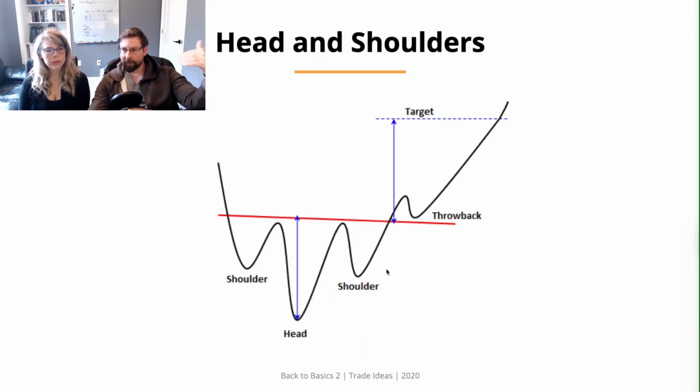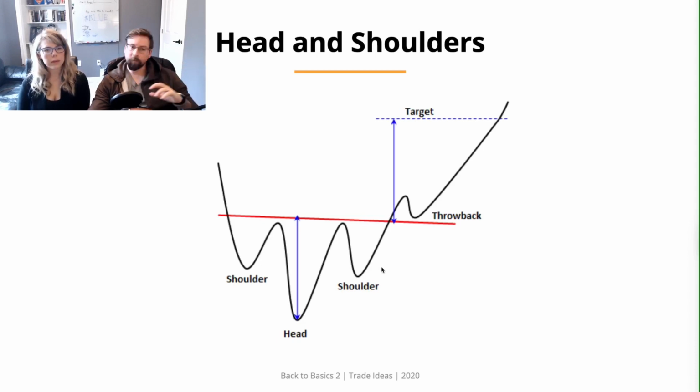This is showing that the buyers became more aggressive here. Every time there was a peak and a trough before, it went lower and lower. But this time, the buyers stepped in before the lows and then pushed it up. So it's showing there's a potential that buyers are getting more aggressive as the stock is pushing lower.